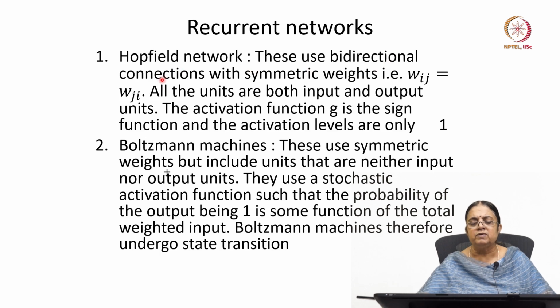You have directed links and symmetrical weights, and all the units are both input and output units. The activation function is the sign function. Then you have the Boltzmann machine, which uses symmetrical weights but includes units that are neither input nor output units. They use a stochastic activation function such that the probability of output being 1 is some function of the total weighted input.